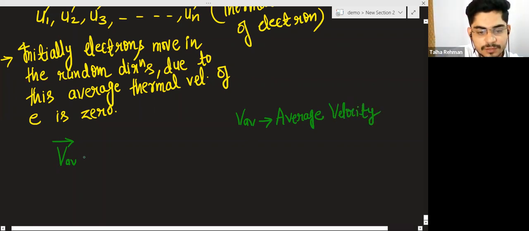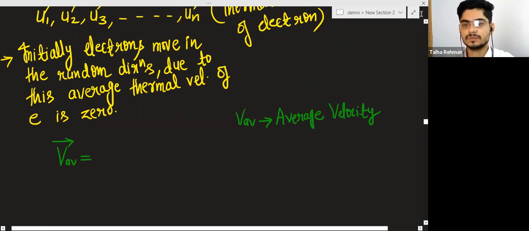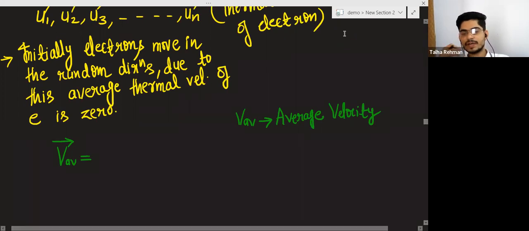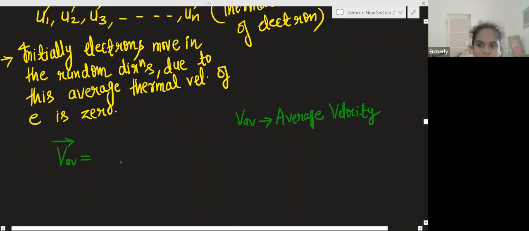What is the meaning of average? The velocities of all the electrons are added and divided by the total number of electrons that are undergoing the motion. Very good.